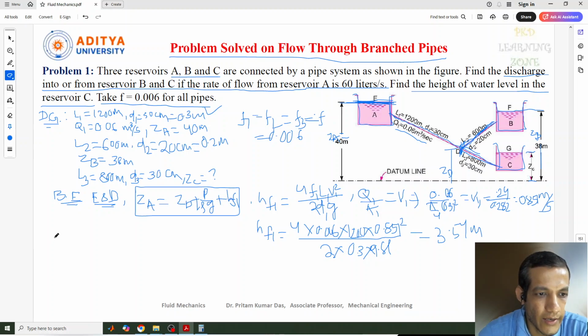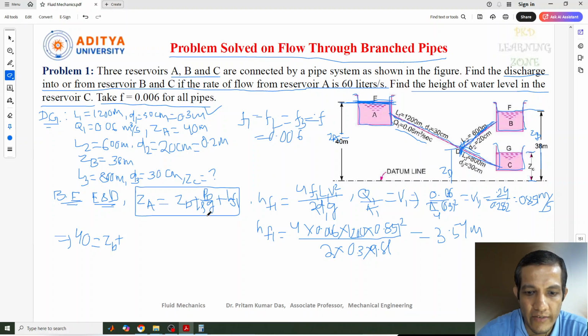So finally what can I write here? What is the value of ZA? ZA is here 40, so let's write 40 here, equal to ZD, how much? ZD value is not given, so let's write ZD plus PD. This is PD actually, pressure at this D point, or we can say pressure head.